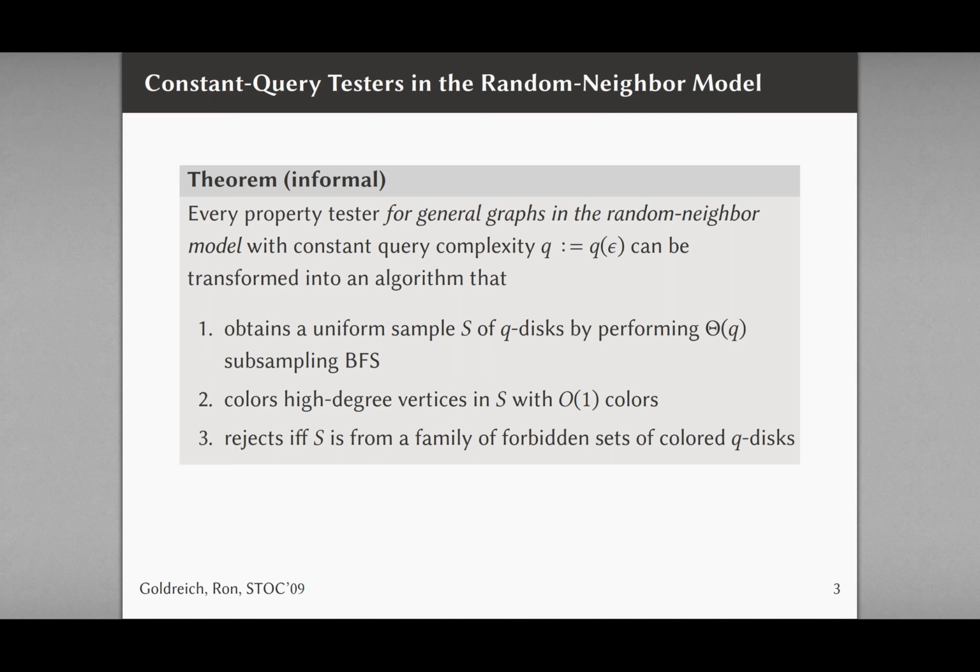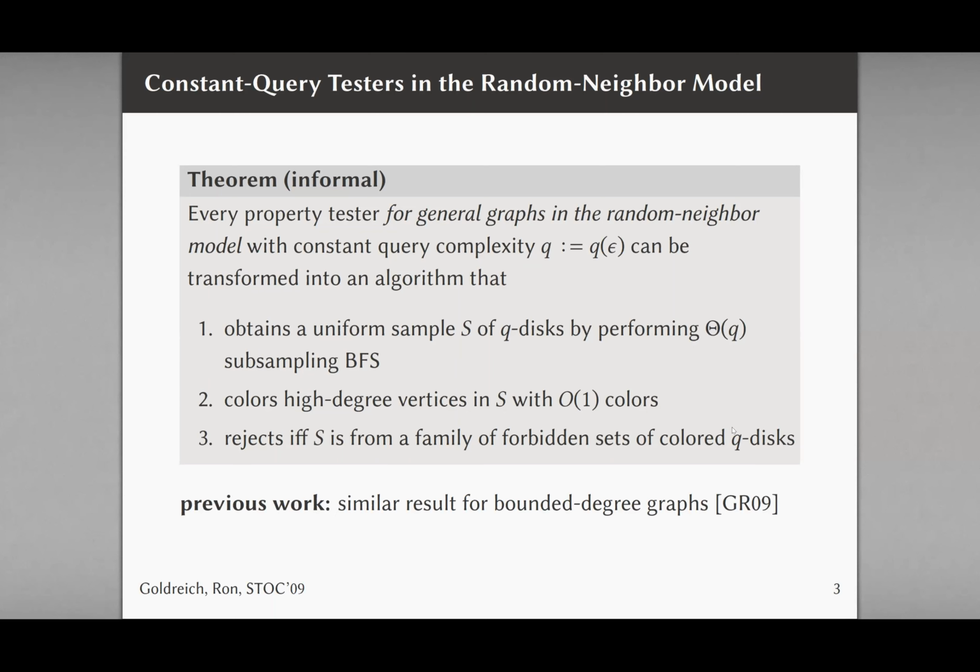It first obtains a uniform sample of Q-disks, and then it colors these Q-disks. It colors all high degree vertices in these Q-disks with a constant number of colors, and then it rejects if and only if it sees some forbidden set of colored Q-disks. And the forbidden set is, of course, characteristic for the property.